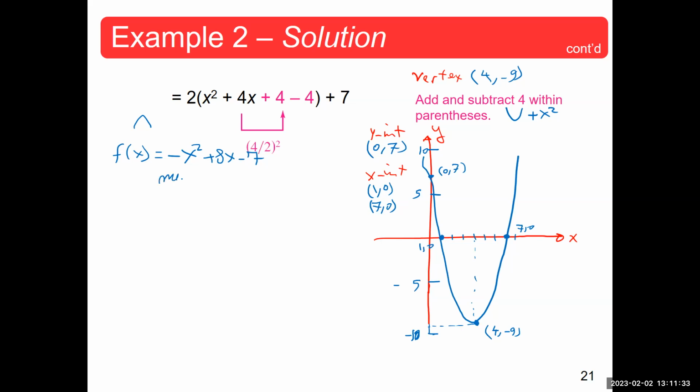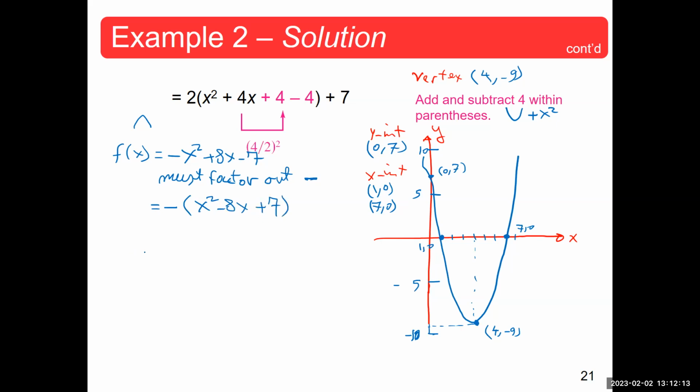We must factor out the negative sign. So this becomes equal to negative, open parenthesis, x squared minus 8x plus 7.